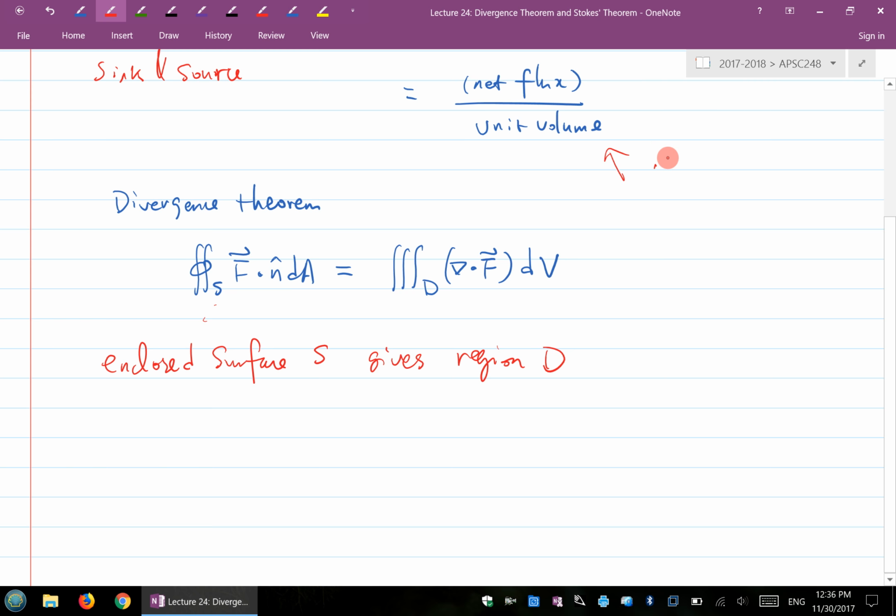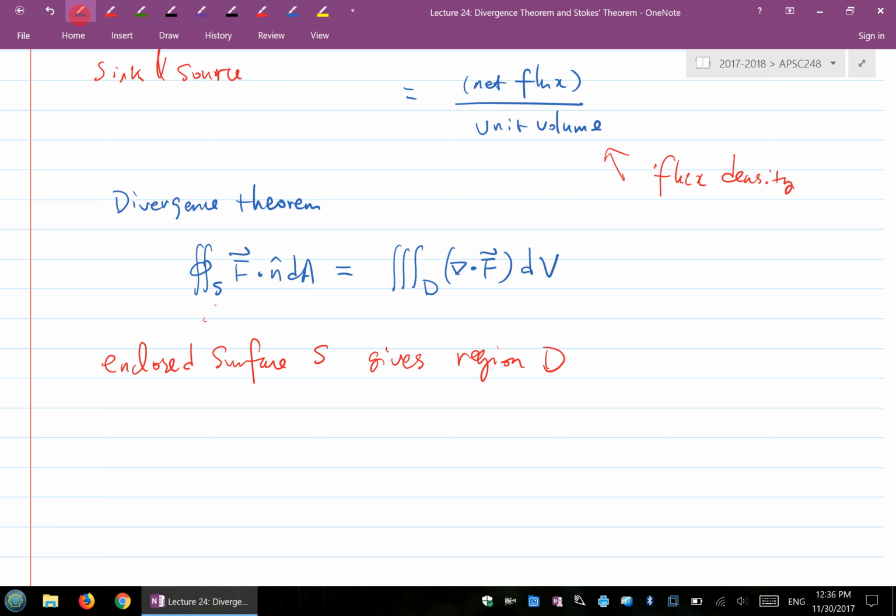So you integrate the flux density, and then you get the total flux through that surface S. You integrate the density, then you get the total flux.